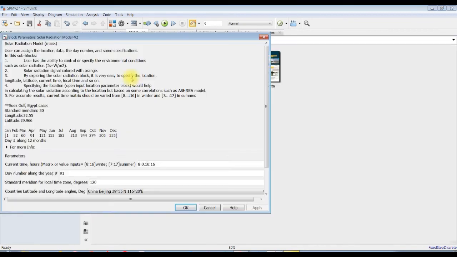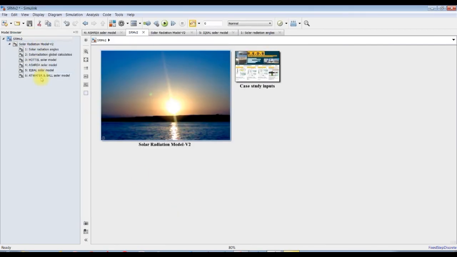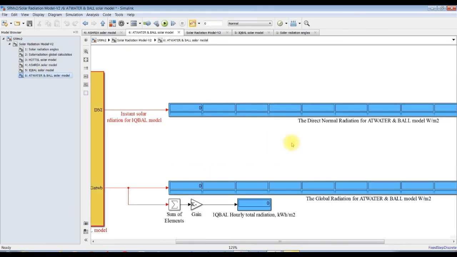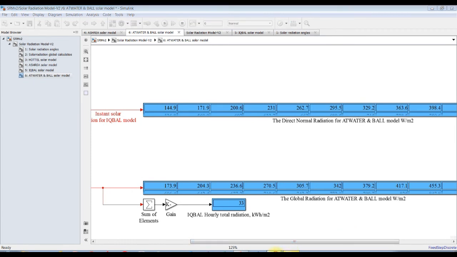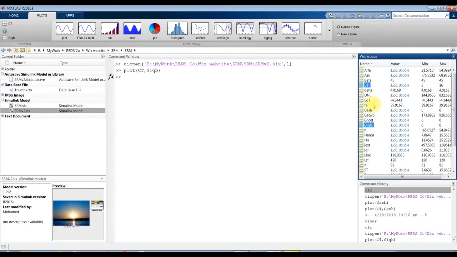Let's go for, I'm choosing the first configuration. Let's see. We are going to estimate direct normal. This is direct normal every 10 minutes from 8 morning. And this is the global radiation, and we can represent it with current time.